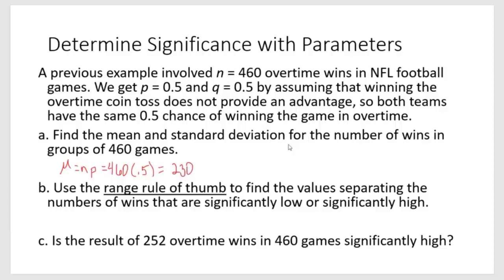Now, if I want to find the standard deviation, it is the square root of N times P times Q. So that's going to be the square root of 460 times 0.5 times 0.5, and that's 115, and then the square root of 115 is approximately 10.72.